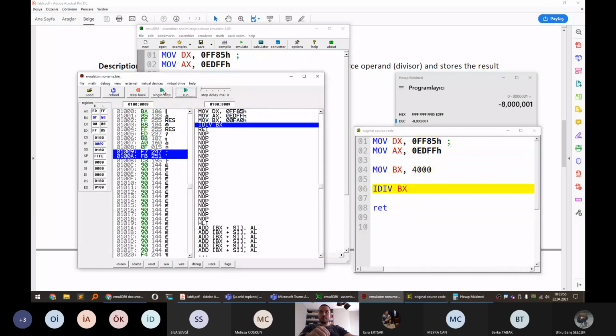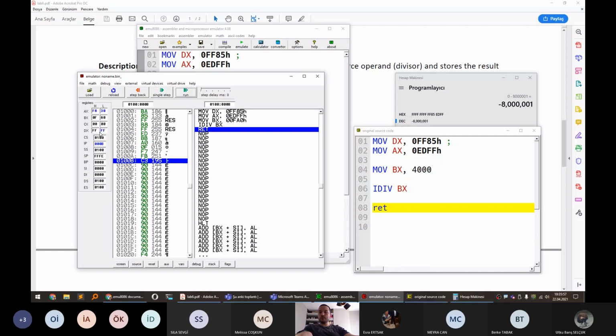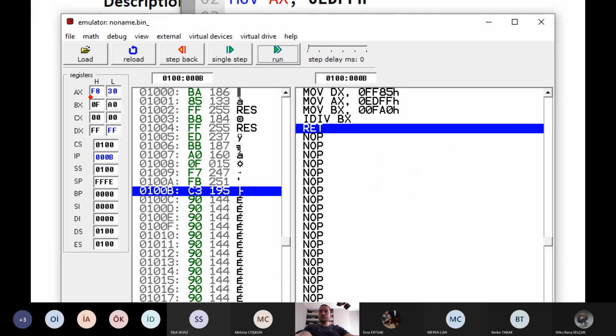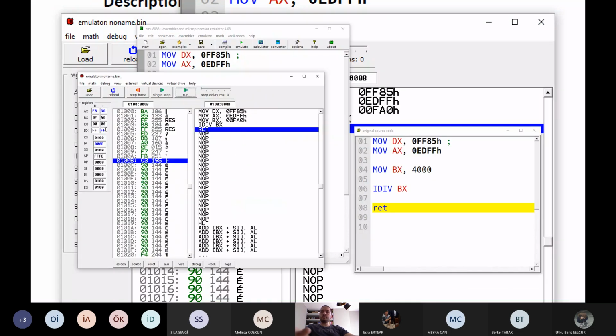Okay. I division is calculated. The result is here, which is F830, and the remainder is here. What is FFFF in remainder?